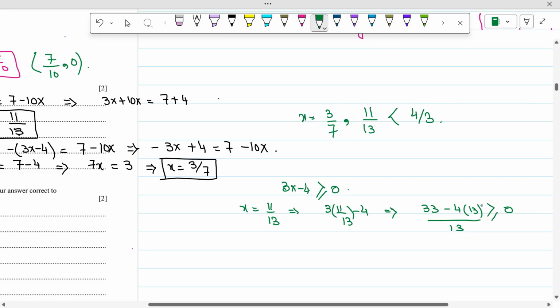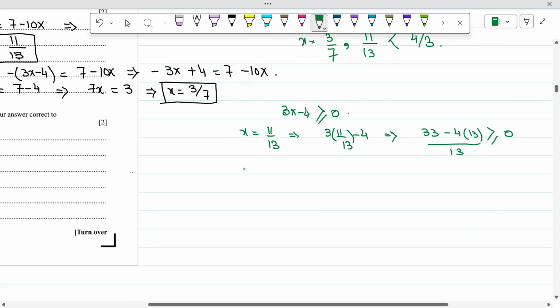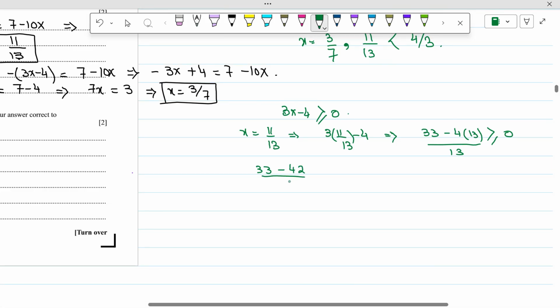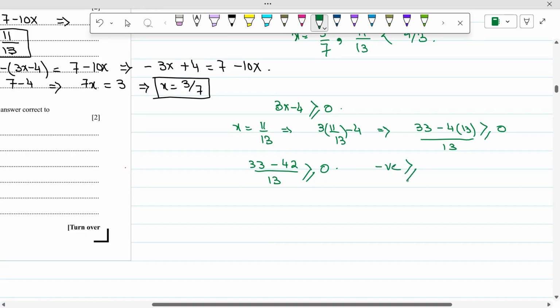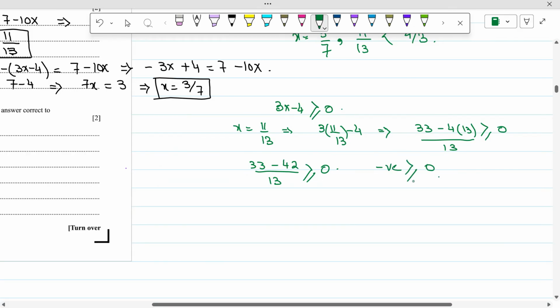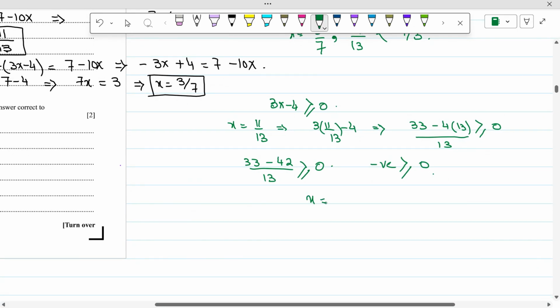So you can see that 33 minus 52 over 13 is negative and cannot be greater than or equal to 0. A negative value cannot be greater than 0. So we can say that x is equal to 11 over 13 is invalid.